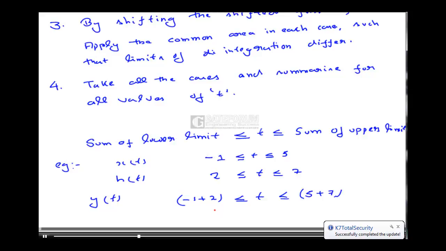So this is 1. Okay. So in this region, yt will lie. Now we will take up two problems, one in continuous time domain and the other problem in discrete time domain to understand the convolution.